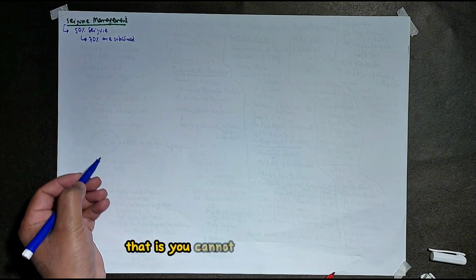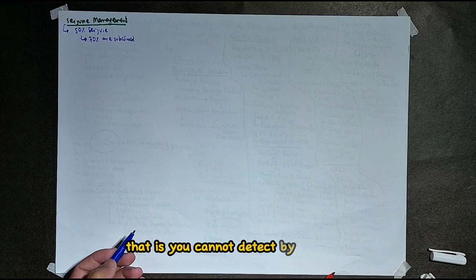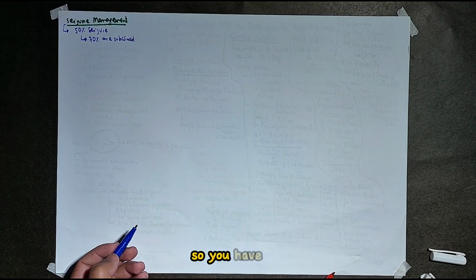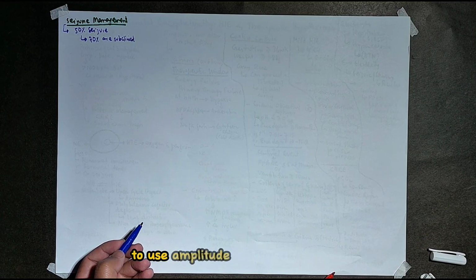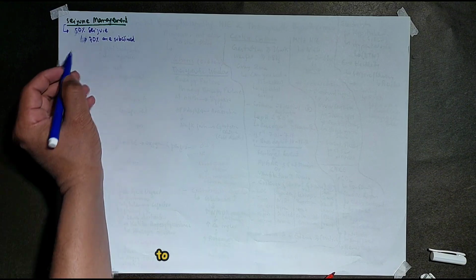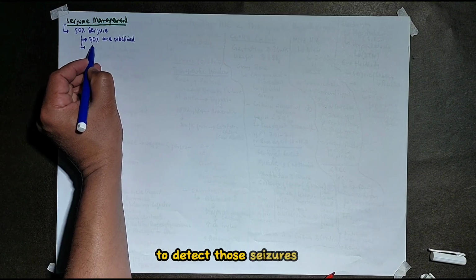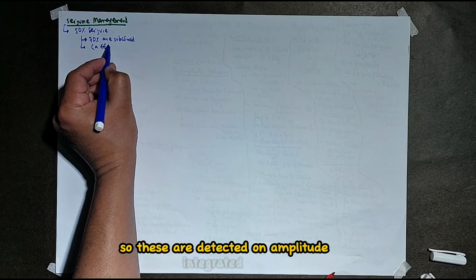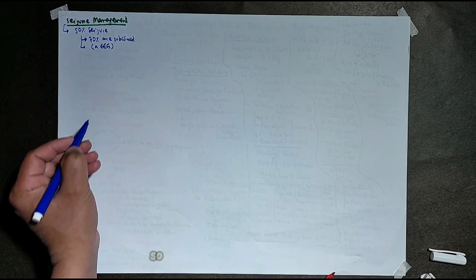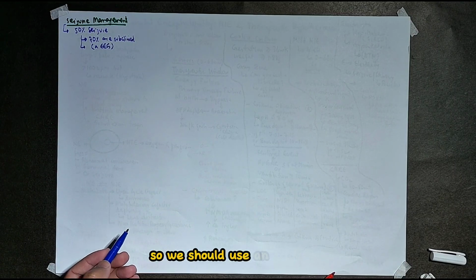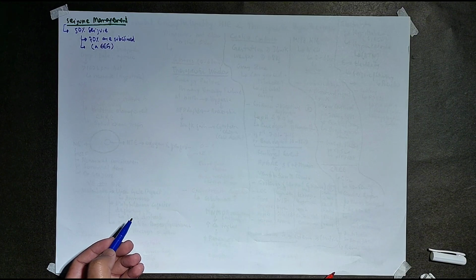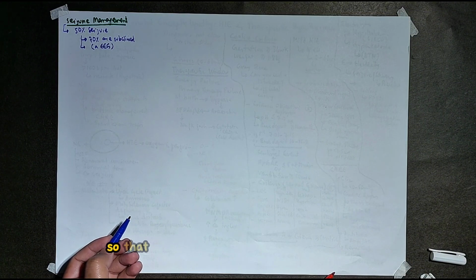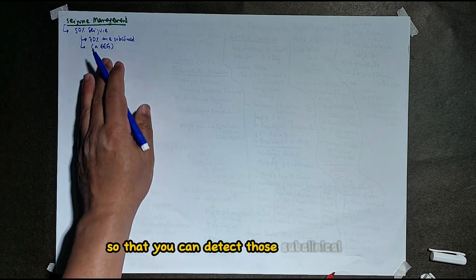That is, you cannot detect them by clinical examination. So you have to use amplitude integrated EEG to detect those seizures. So we should use aEEG within the first 6 hours so that you can detect those subclinical seizures.